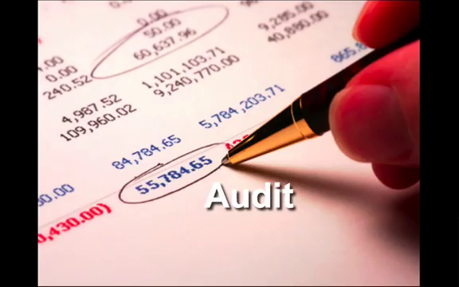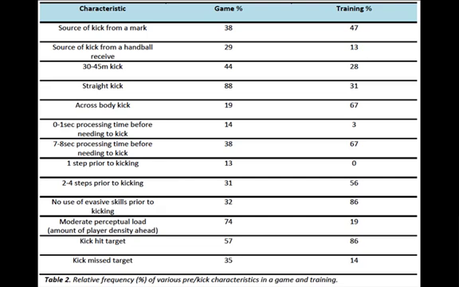So how is that? Well, the first way can be in terms of auditing the game and making sure that your training design matches those demands and mimics the game. So when we say audit, for example here, this is an audit of looking at all the types of kicks in a game of Australian football. So this could apply to soccer as well quite easily, and probably other sports.